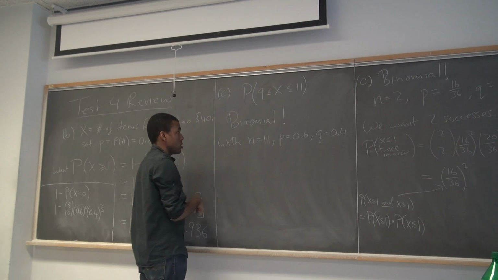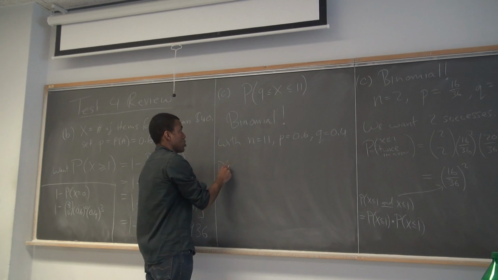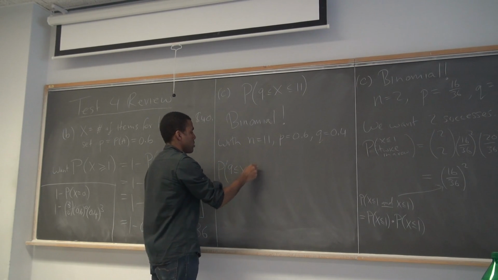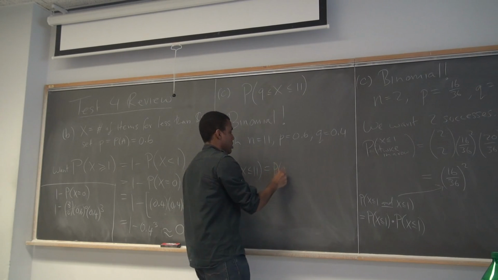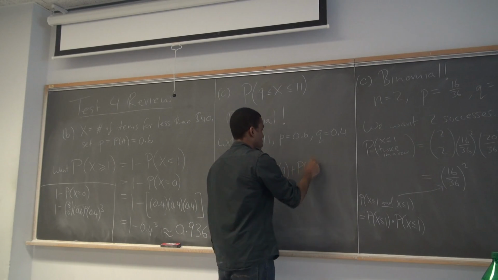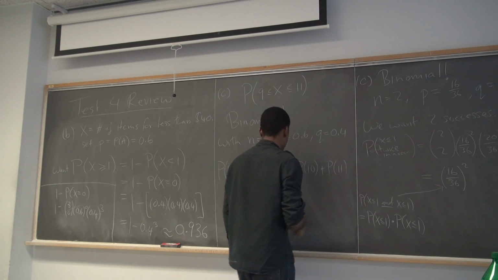So how do we actually do this one? P of x between 9 and 11 is just P of 9 plus P of 10 plus P of 11.